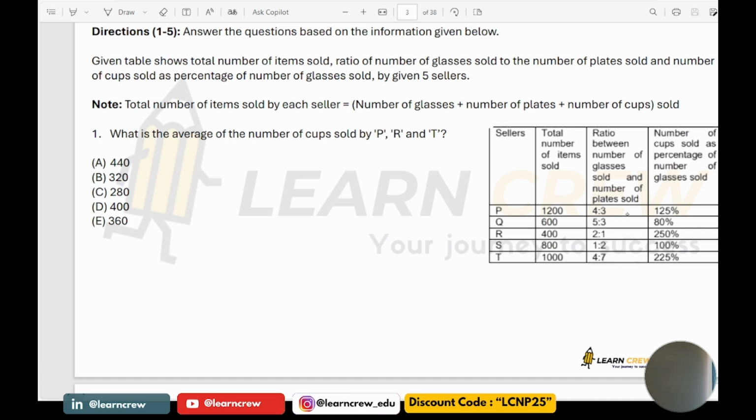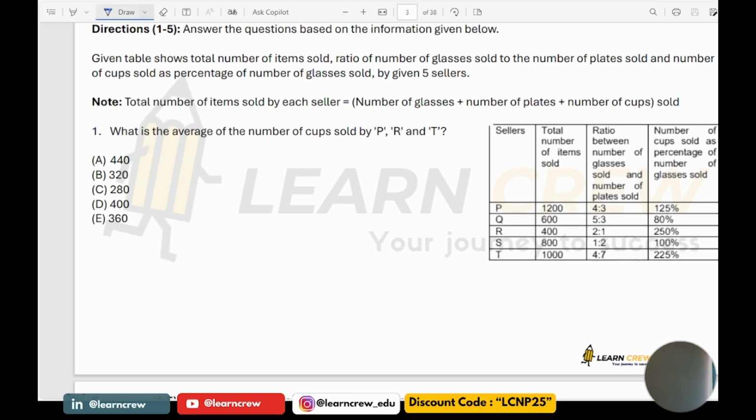If glasses is 4x for P, then plates should be 3x and cups should be 5x. 4x plus 3x is 7x, plus 5x is 12x, which is given as 1200.